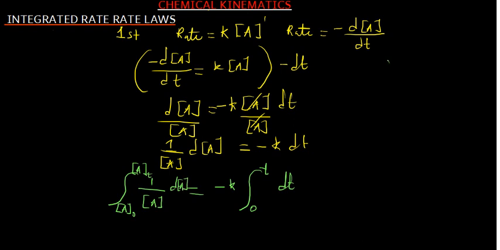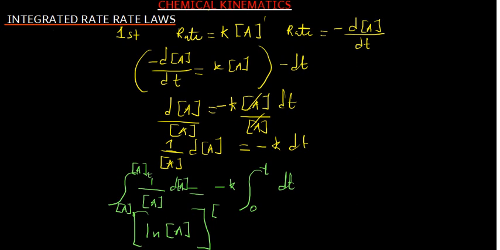Now whenever we want to integrate 1 over x with respect to x, this will always give the natural log of x, as long as it is 1 over a number. The integral of 1 over a number will be the natural log of that same number in the denominator. And so this is going to give us the natural log. What we can see in the denominator is the concentration of A, and then we are going to show our lower limit and our upper limit.